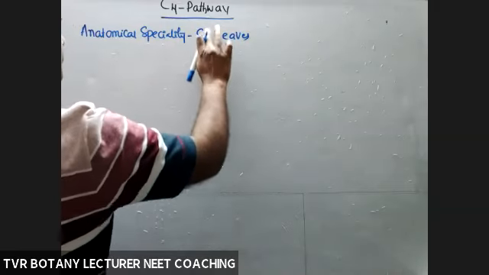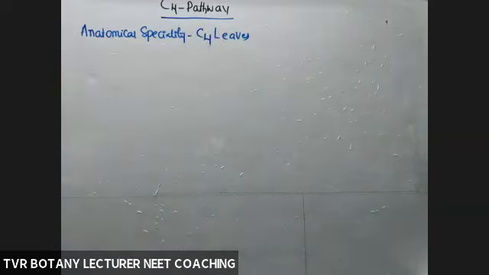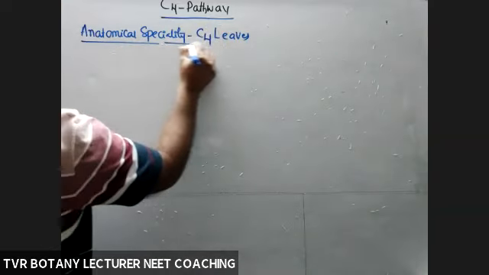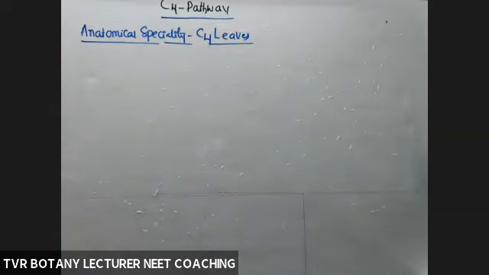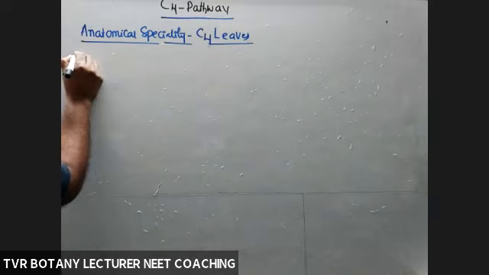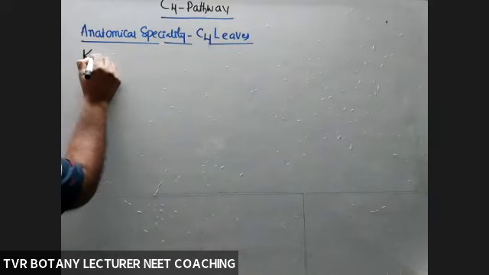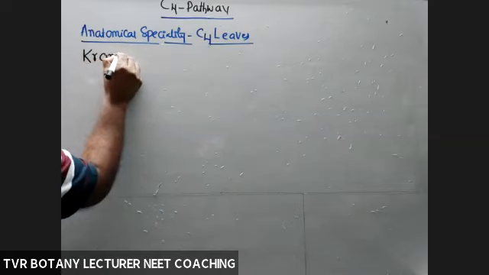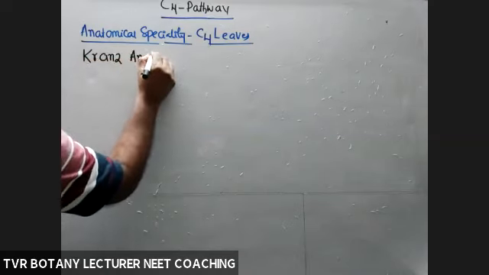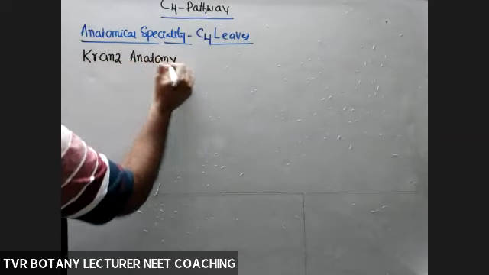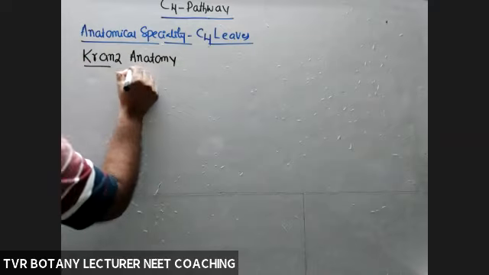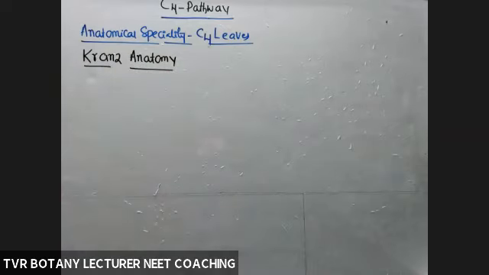To study leaf anatomy, you have to take a vertical, longitudinal section. In the longitudinal section, what is the anatomical specialty present? That is Kranz anatomy. This is very, very important. Kranz anatomy is present in the leaves of C4 plants only.